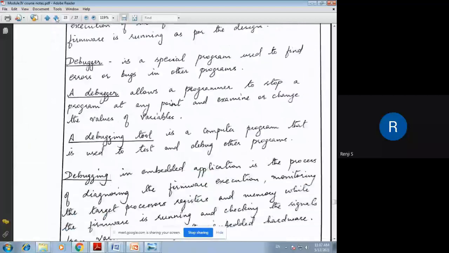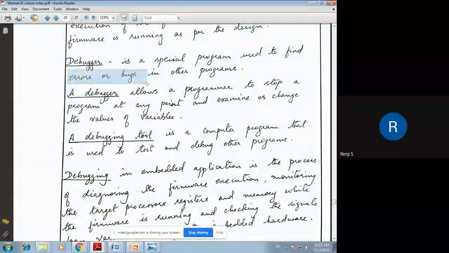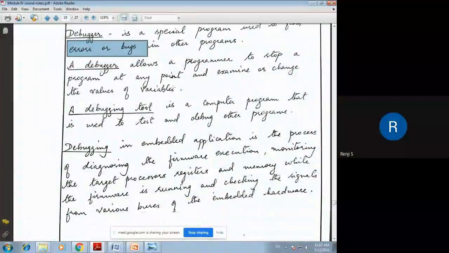So what is a debugger? We call the program which does the debugging process the debugger. The debugger is a special program which is used for finding errors and bugs in other programs. Whether it is an embedded system or any other system, it allows the programmer to stop the program at any point and examine or change the values of variables.